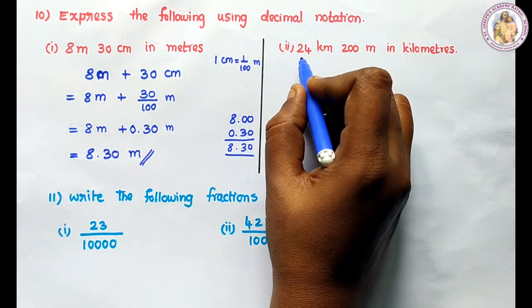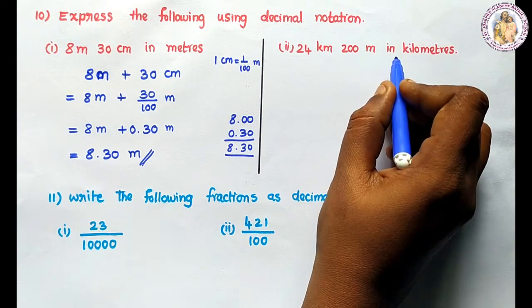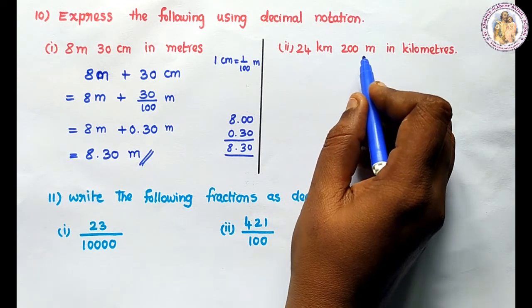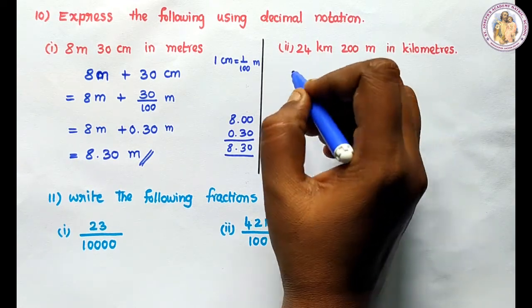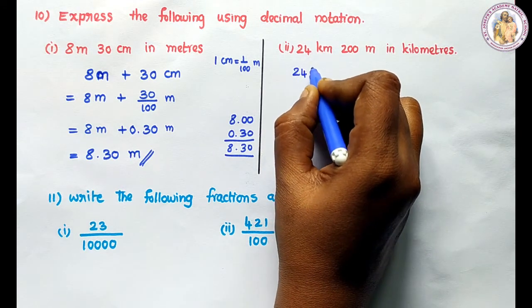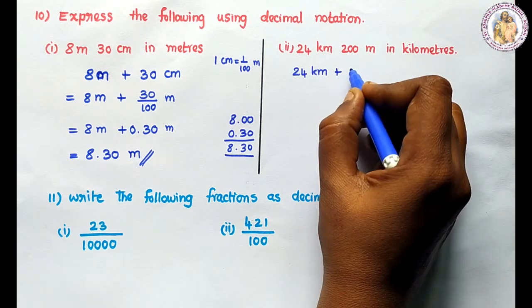Now, here 24 kilometer, 200 meter in kilometers. 24 kilometers and 200 meter. Change into kilometer. Write down 24 kilometer plus 200 meter.